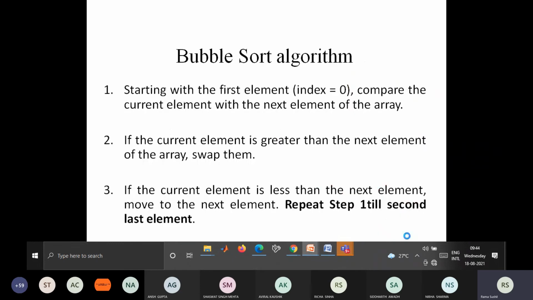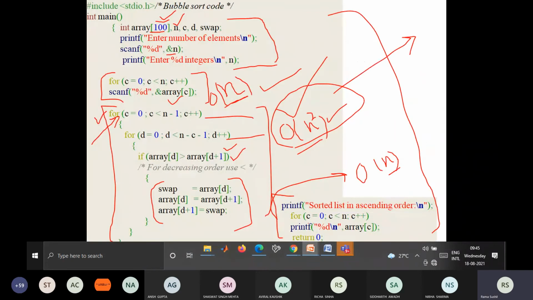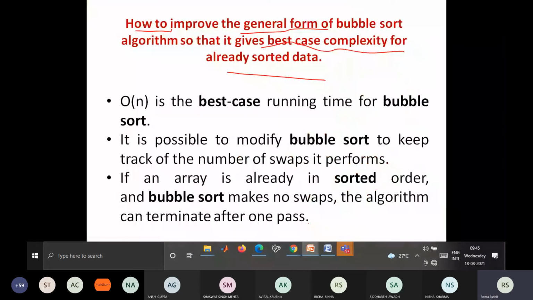So we do not have to go for this activity again to compare, because this is what is increasing the complexity from order n to n square. So somehow we may have a variable indicating that if no swap operation is taking place, then avoid the repetition of phase 2. Okay, so that kind of logic is to be done.